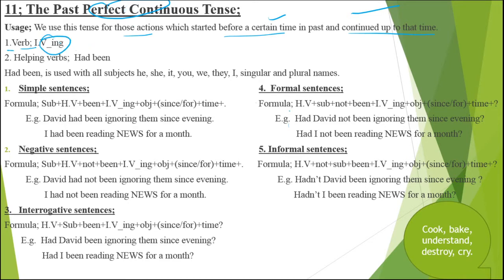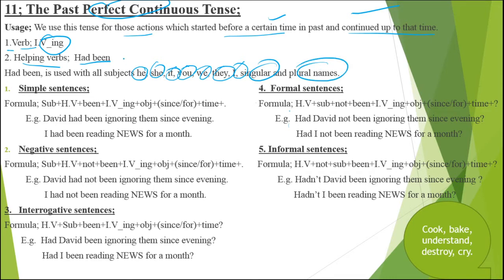You will be using the first form of the verb with ing. Helping verbs: we have got only one helping verb, that is had been, and had been is used with all subjects like he, she, it, you, we, they, I, and singular and plural names.